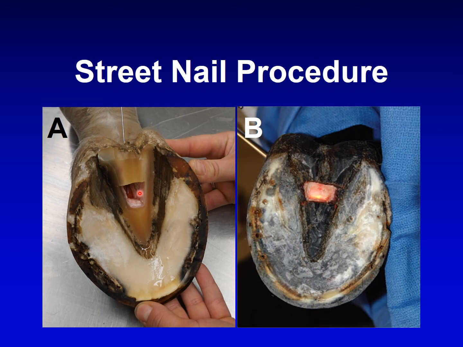Of course, this surgery is done under general anesthesia in the surgery room, so it's major. But the key is for us to know where this surgery is done, and this is done in the frog, as you can see on the solar surface of the hoof. Again, it is to treat more advanced cases of solar abscesses.